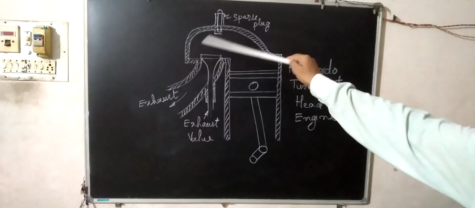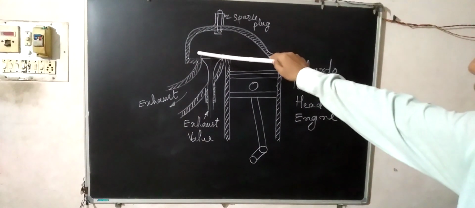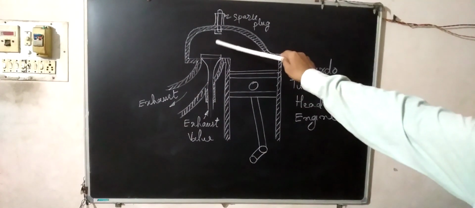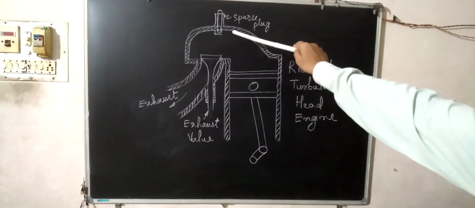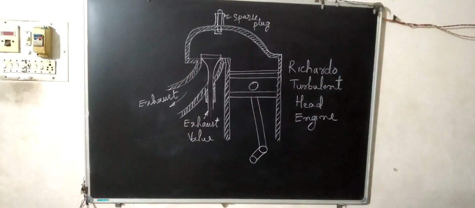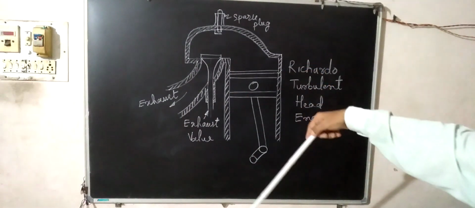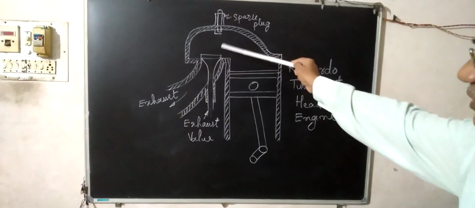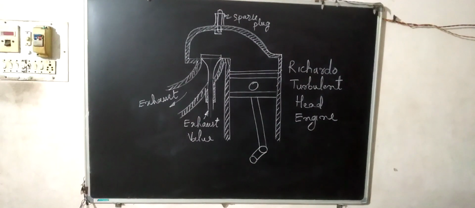Once the fresh charge enters the combustion chamber, the domed shape of the combustion chamber will give a better swirl to the air fuel mixture inside. The spark plug is located over here, and the exhaust valve is just next to the inlet valve. So the exhaust and the inlet are very near.